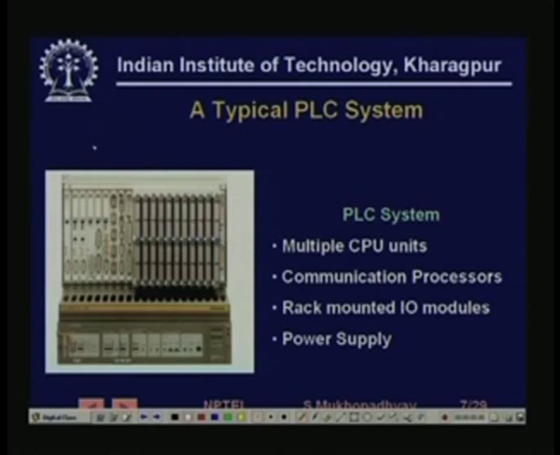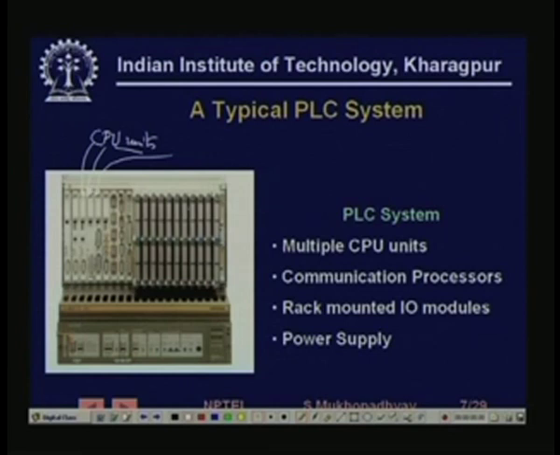Actually, if you look at them, these are the various CPU units. Some of them could be communication processors or other coprocessors. One of them will be the main processor.